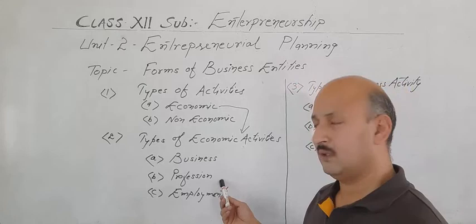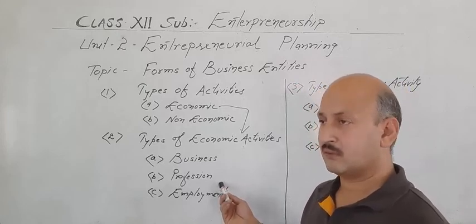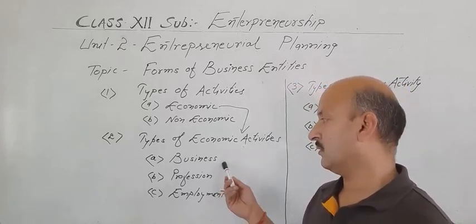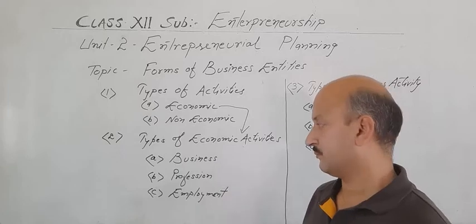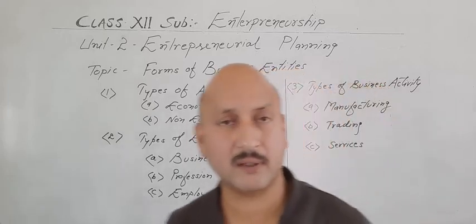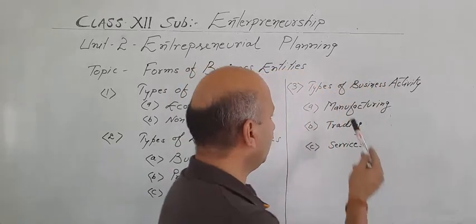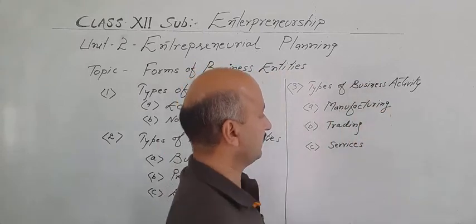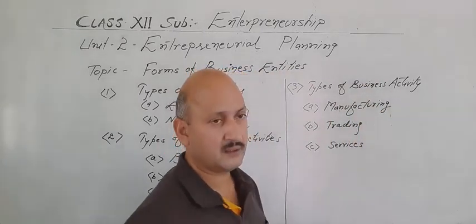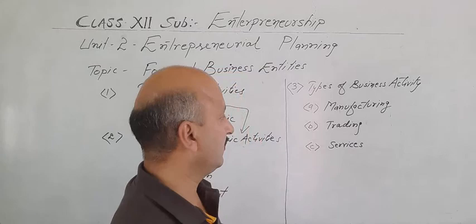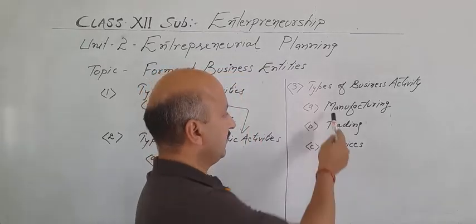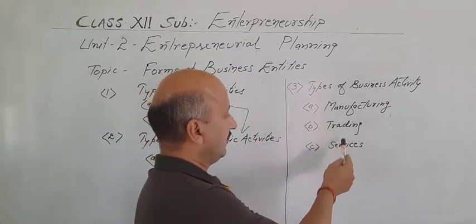In profession, the main motive is to serve the society, and in business, the profit motive is there. Now the next topic is type of business activity. Business activity can be classified into three categories: manufacturing, trading, and services.